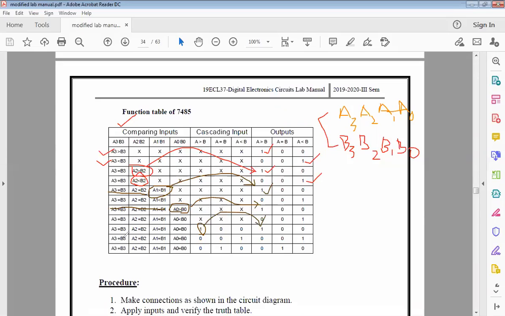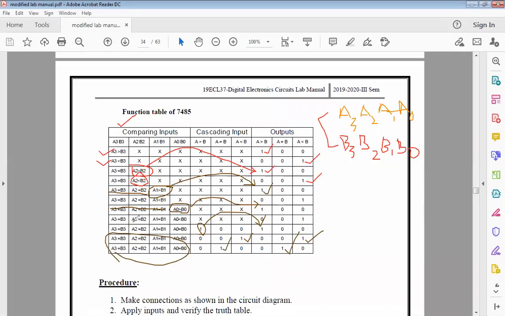When all are equal and A is less than B goes high, then this output also will go high. When all are equal and A is equal to B goes high, then I'll take it as A is equal to B.